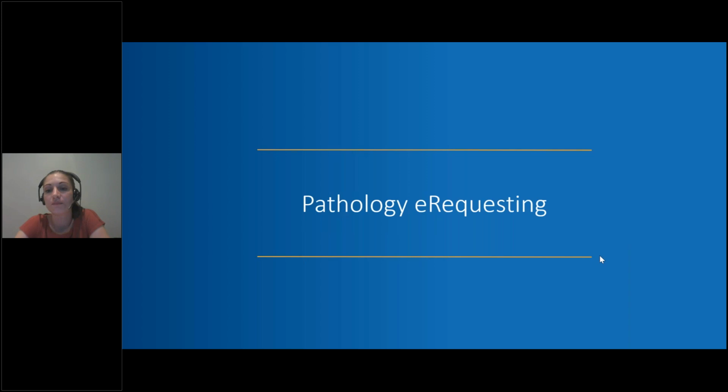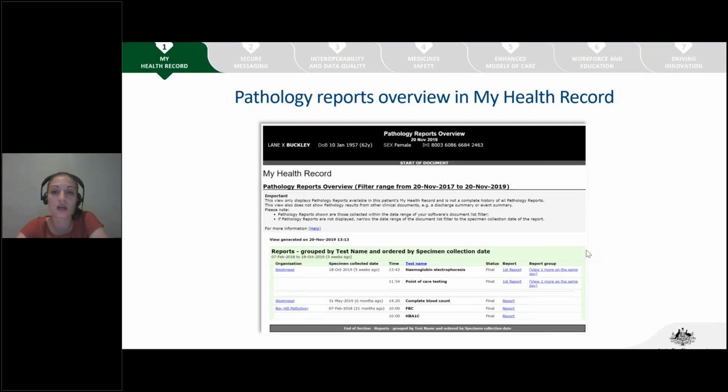So basically what we want is to make sure that you understand how you can contribute your patient's pathology test results with their My Health Record. How can you actually make sure that those test results can be uploaded to a patient's My Health Record? I showed you a couple of different views earlier on.